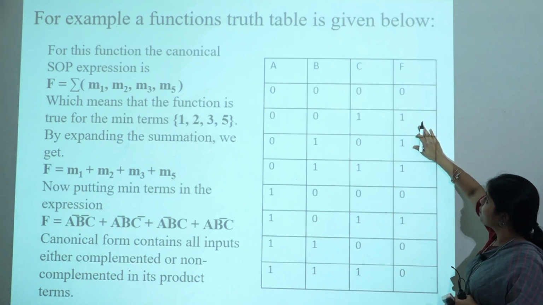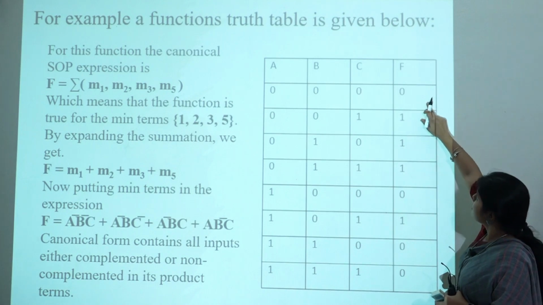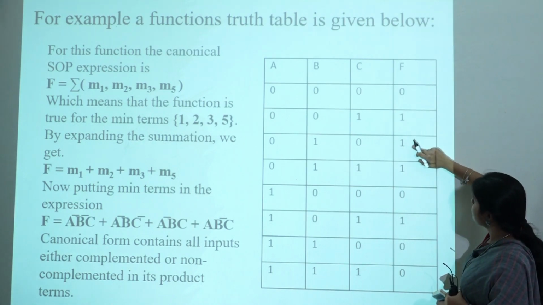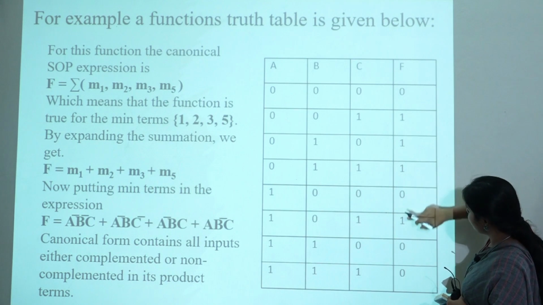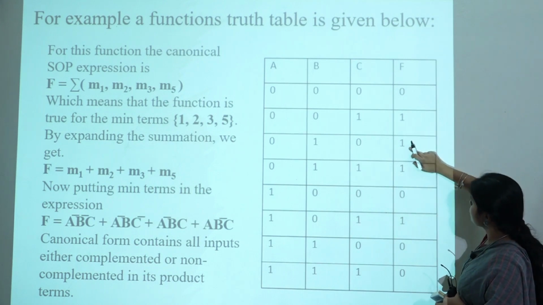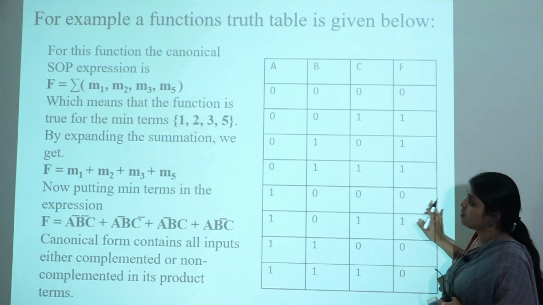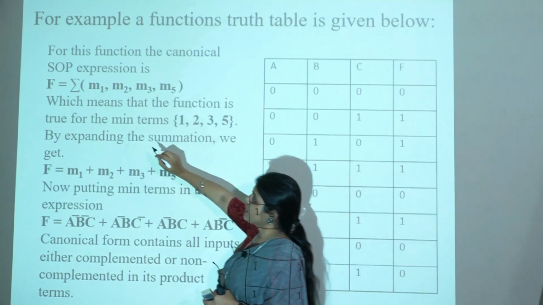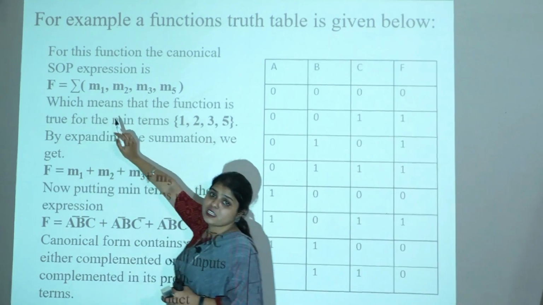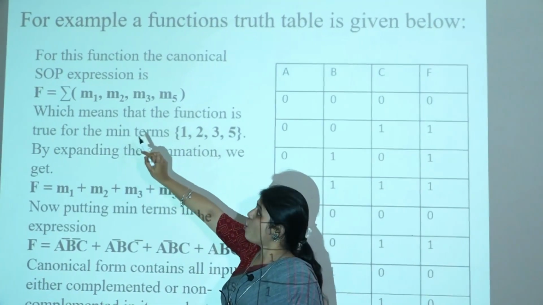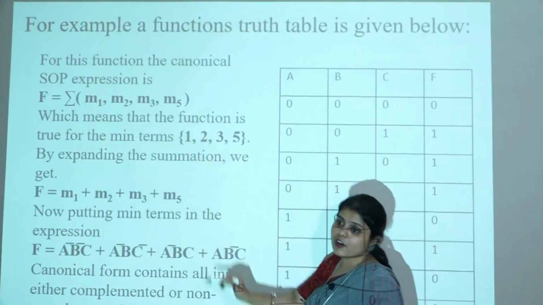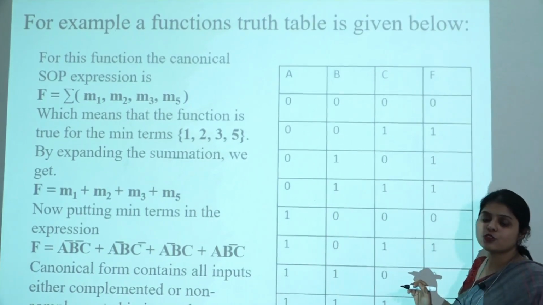Now, where is the output variable represented with ones? This is 0, first, second, third, fifth. So, in the 1, 2, 3 and 5 positions I have ones. Therefore, I write my canonical SOP form as f is equal to summation of 1, 2, 3 and 5. How did I get those 1, 2, 3 and 5?